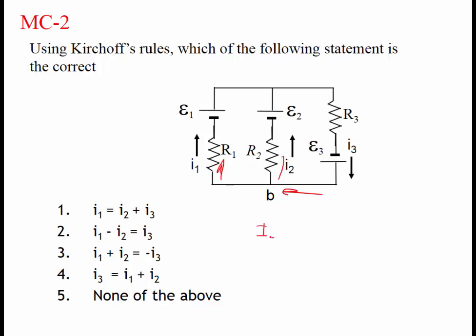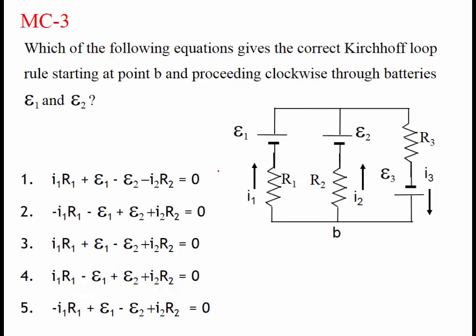So we can say that I3 is equal to I1 plus I2. So the correct one would be this one. I3 is coming in, I2 is leaving, and I1 is also leaving.